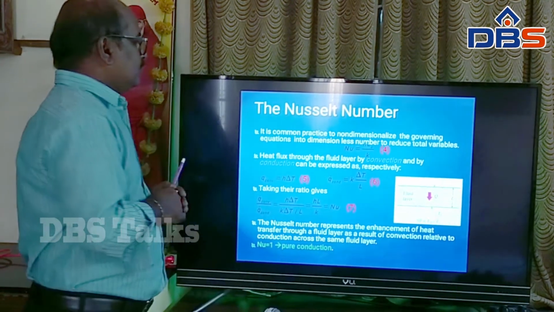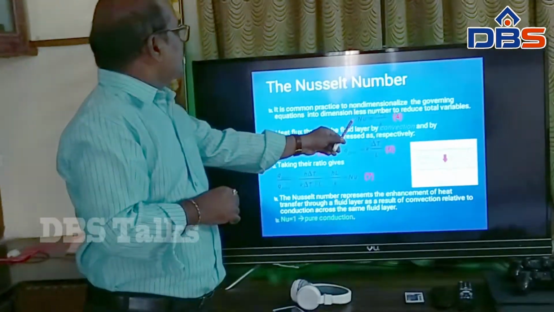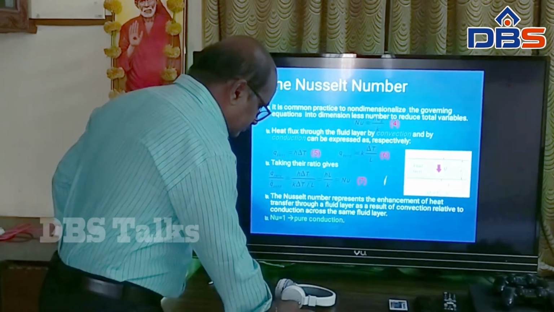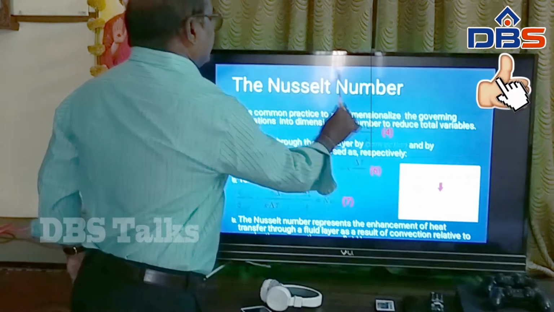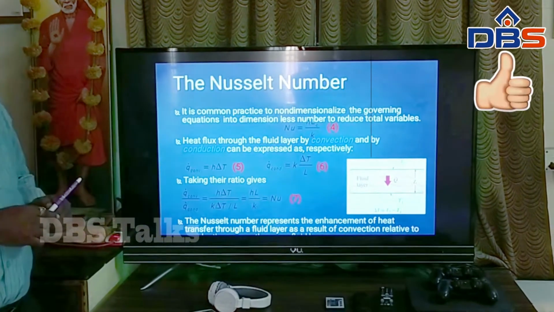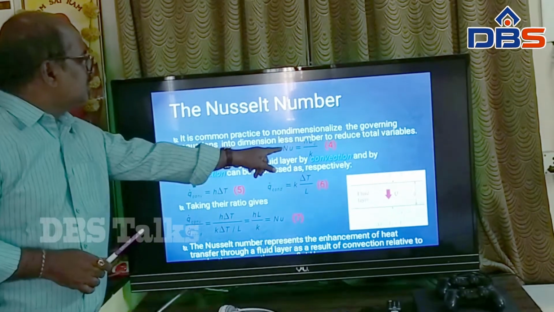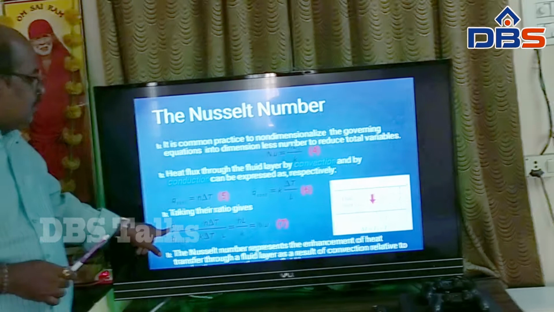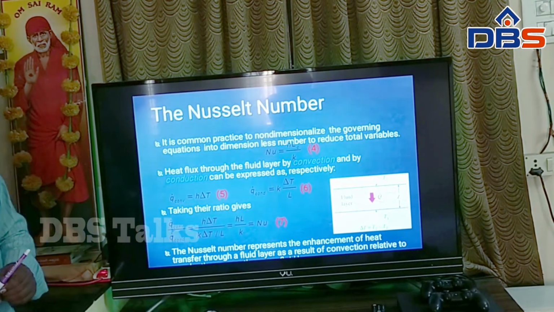So first we will discuss the Nusselt number. Nusselt number means hL by k. We can define the Nusselt number as the ratio of convective heat transfer to conductive heat transfer.